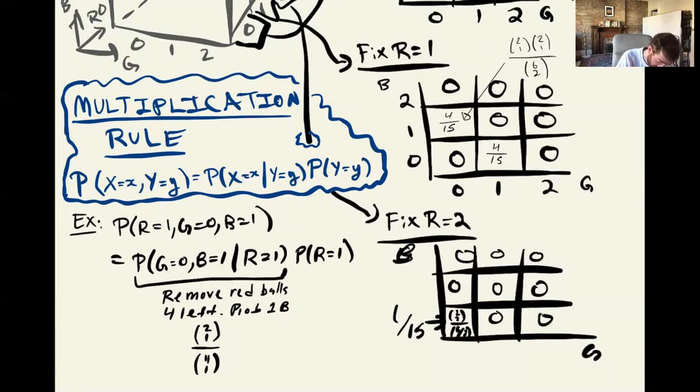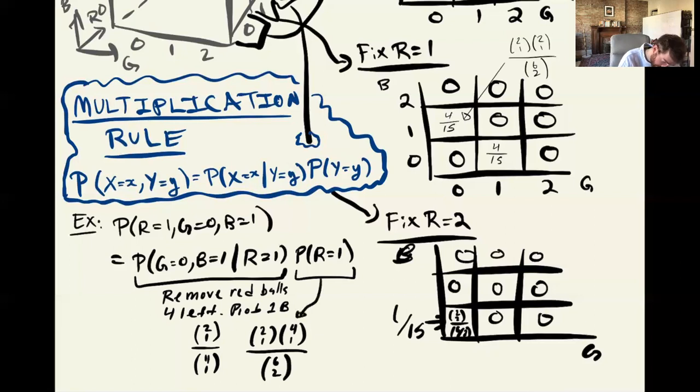Now, what is the probability of getting 1 red ball? This is sort of the total probability here. You can think about it using the kind of thinking we do for counting hands in a poker game, where I've got 2 red balls and I need to choose one of them, and then I have 4 other balls and I need to choose one of those. So that gives me 2 choose 1, and then 4 choose 1, and then I'm dividing this all by 6 choose 2, because I'm choosing from my 6 possibilities here.